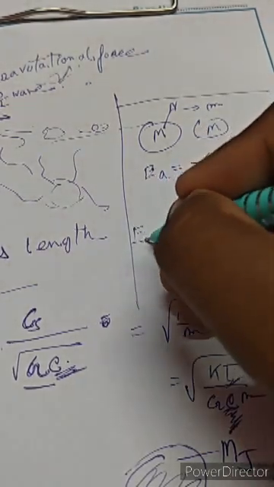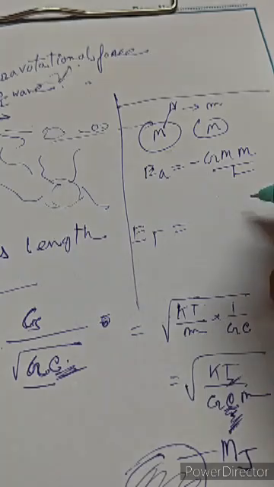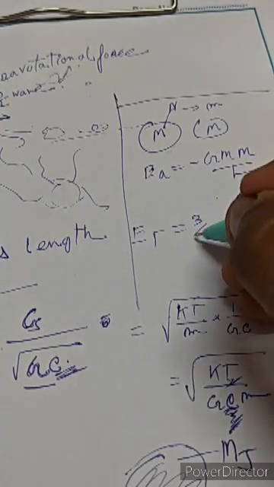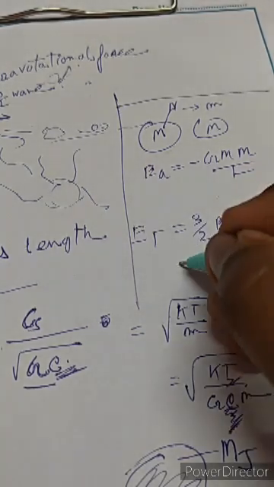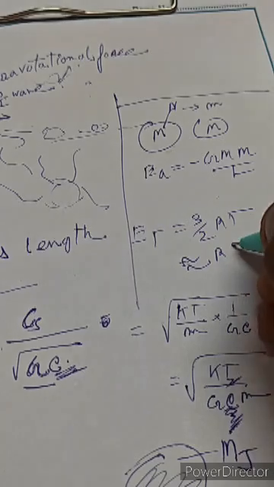Now the thermal energy is equal to 3 by 2 RT, which is nearly equal to RT.